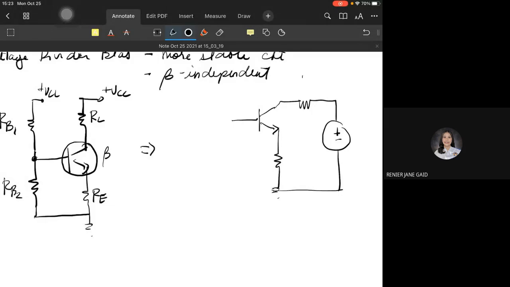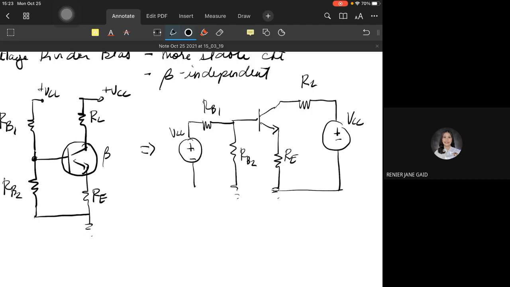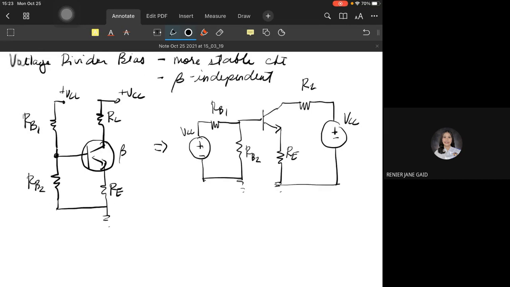So this is our RC. This is our RE. So our VCC, RB2, RB1, the same magnitude na VCC. So, yan na. So this is our voltage divider bias circuit redrawn.